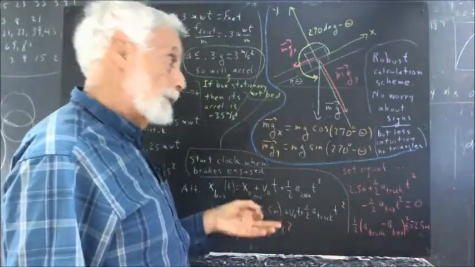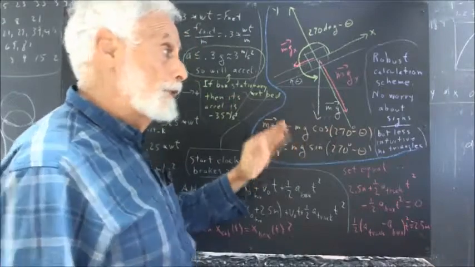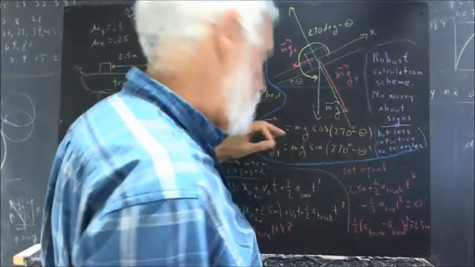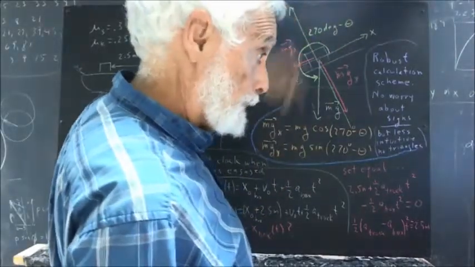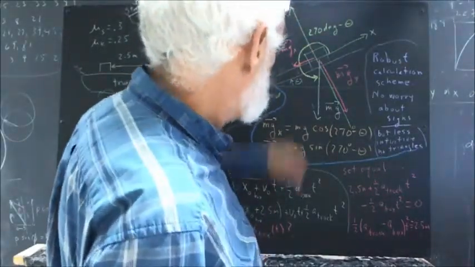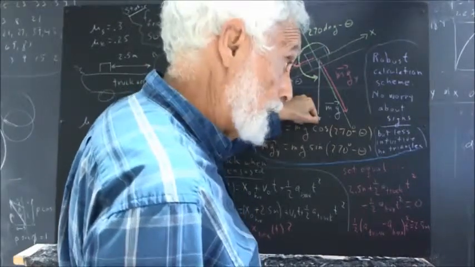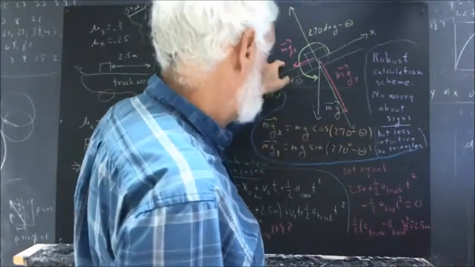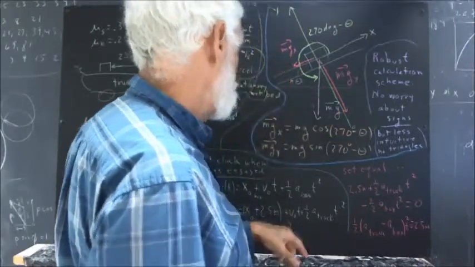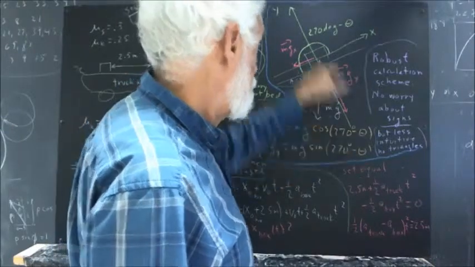Now, if we're careful about signs, we can set up triangles and do this, but there's a much simpler circular definition of the trigonometric functions that says if you measure the angle from the positive x-axis around to your vector, then you find the x component of your vector by multiplying the magnitude of your vector by the cosine of this angle.